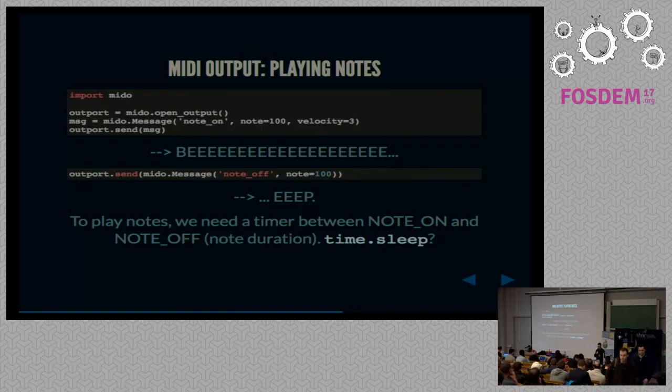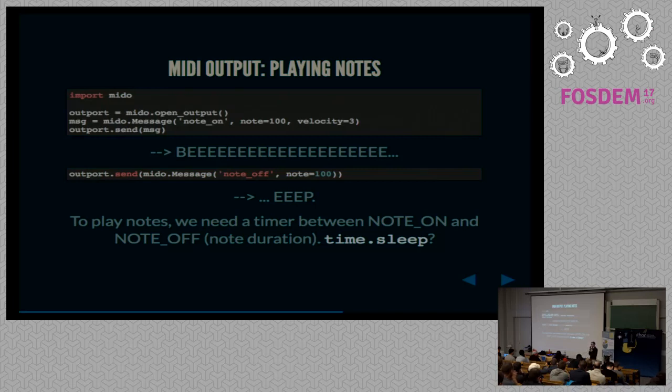To play notes, it's regular outputs. So I create a message object, and then I send it through a port. For example, here I have a note on message. So if I just send this message, there will be a never-ending note until the note off message arrives.